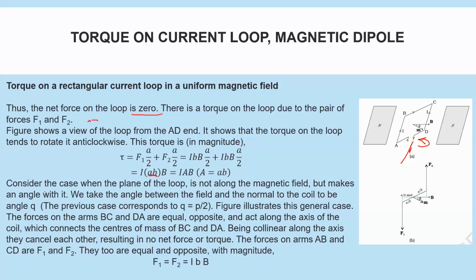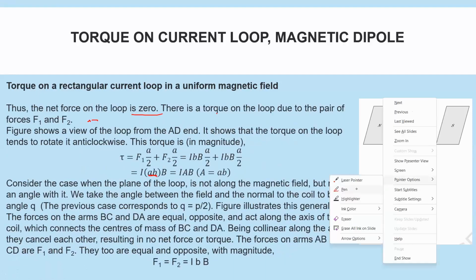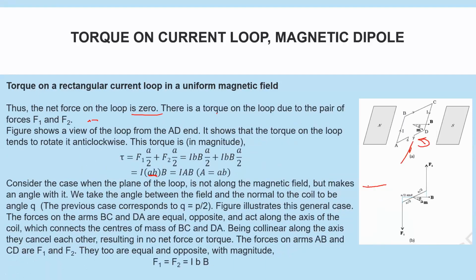Now if we consider a case when the plane of the loop is not along the magnetic field but makes an angle with it. Suppose over here you can see the plane of the rectangular loop, and this is your B. But now you have rotated the loop a little, so there is going to be an angle associated with this.